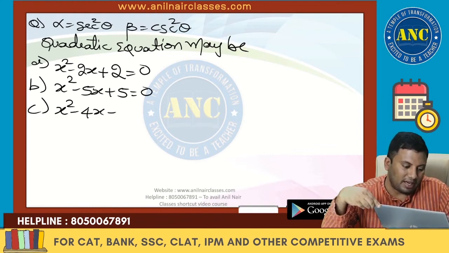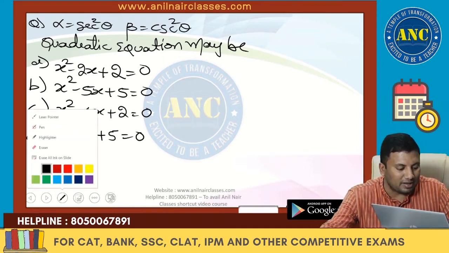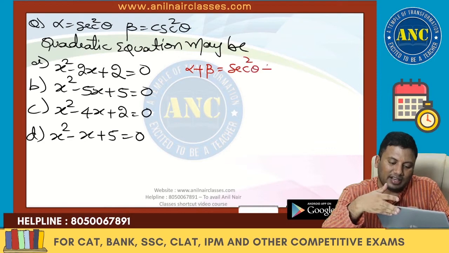x square minus 4x plus 2 equivalent to 0. x square minus x plus 5 equivalent to 0. Now if you see the quadratic equation, maybe he is asking the sum of the roots. Sum of the roots is secant square theta plus cosecant square theta.